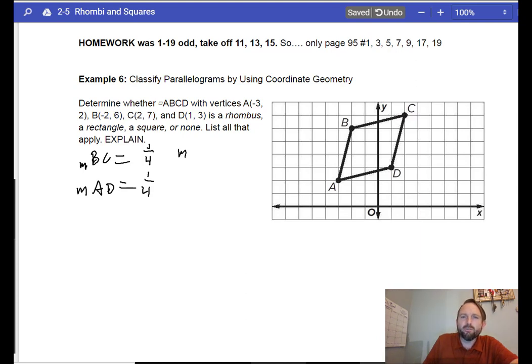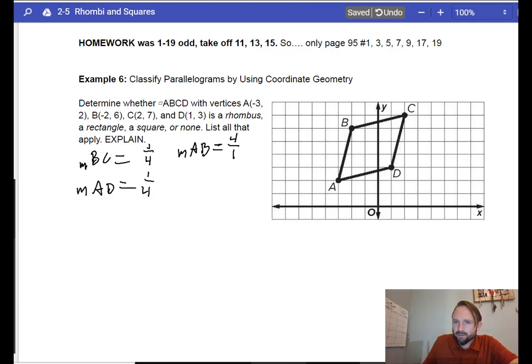Okay, what about the slope of AB? If it's going to be perpendicular, then it has to be the opposite reciprocal, so -4 over 1. So this goes up 1, 2, 3, 4 over 1. Nope, it's not negative, so it's not perpendicular.